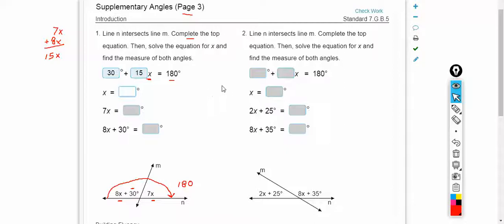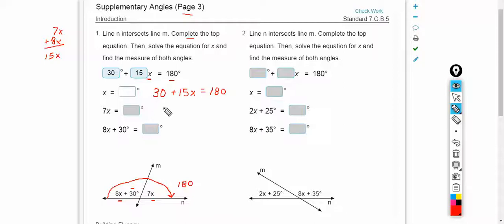Okay, so then we solve. Okay, so we have 30 plus 15x equals 180. By the way, you could switch these two. That's the commutative property, so you could have had 15x plus 30. Okay, we only did it this way because they put the x on the right side.